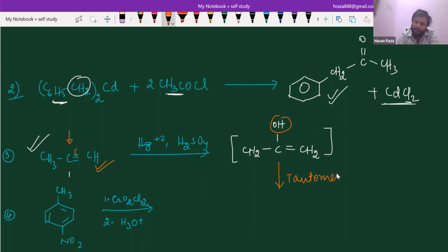And how tautomerism works, it's very simple. You can see this is OH, this is OH. So basically this bond will move to this and this hydrogen will move to this and you will get CH2=C double bond CH.